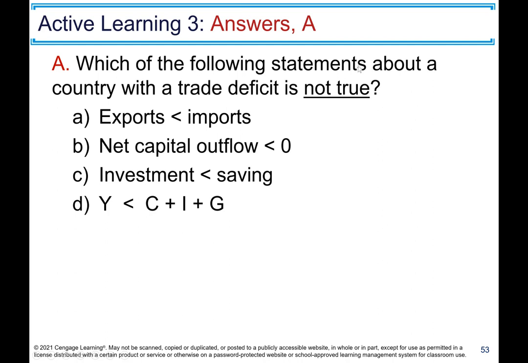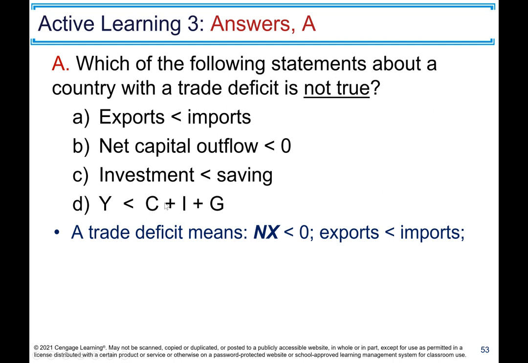Which of the following statements about a country with a trade deficit is not true? Export is less than import. Net capital outflow is negative. Investment is less than savings. Y is less than C plus I plus G. A trade deficit means net export is less than zero, or negative.